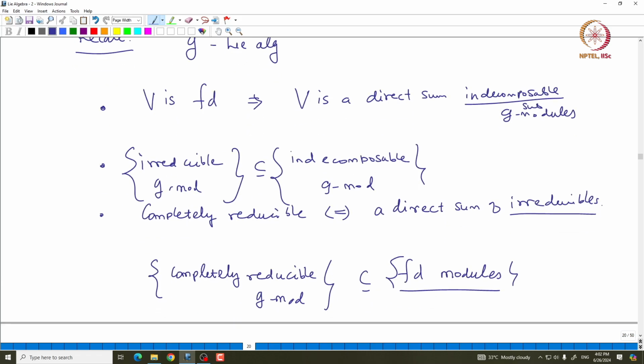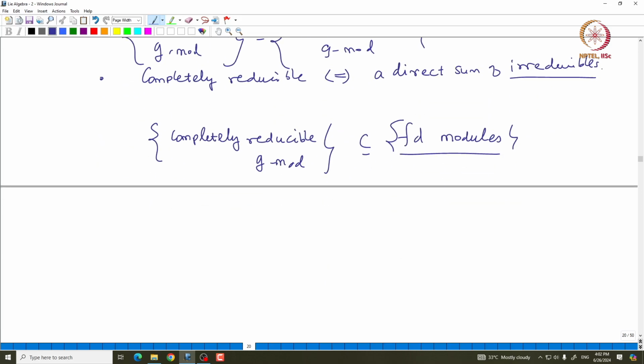Of course, when G is not semi-simple, for example a solvable Lie algebra, it is easy to construct non-completely reducible modules for G. Now if you bring in Weyl's theorem, which says that for any semi-simple Lie algebra we have complete reducibility for all finite dimensional representations, then this containment is indeed an equality.